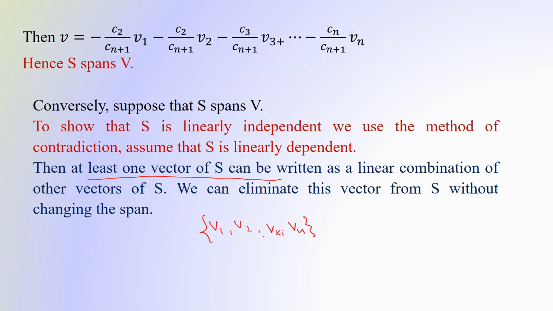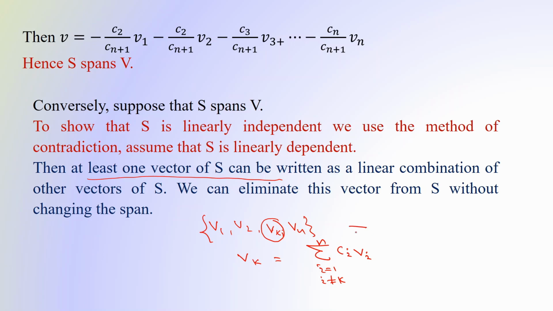Then Vk can be written as the sum over i from 1 to n, i not equal to k, of Ci Vi. So we can eliminate this Vk because it is a linear combination of the other vectors.